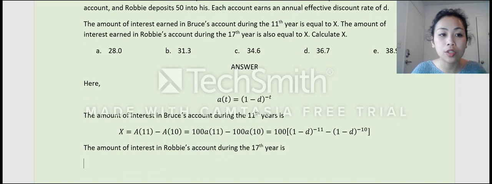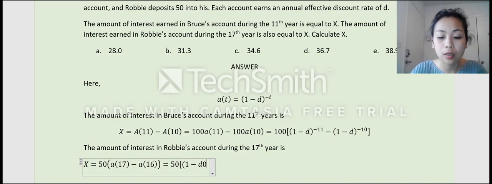So we have the second equation: x equal to, for Robbie he deposits 50, so that is 50 times a of 17 minus a of 16, and that's equal to 50 times (1 minus d) to the power of negative 17 minus (1 minus d) to the power of negative 16.